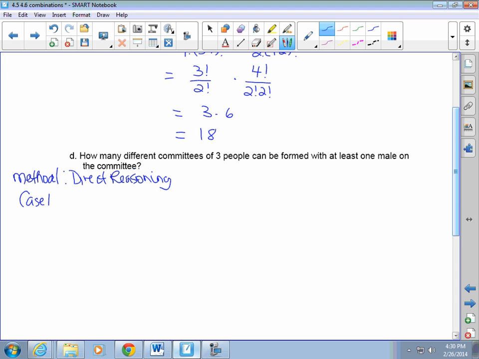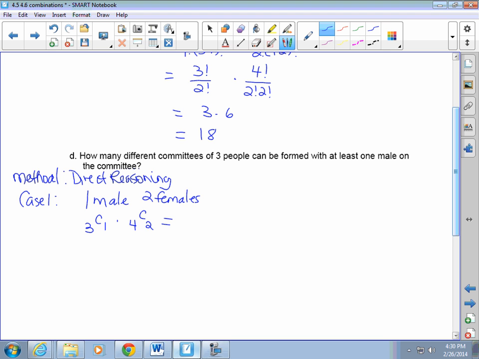We have case 1, where we would have 1 male and 2 females. So that would be 3 choose 1 times 4 choose 2.